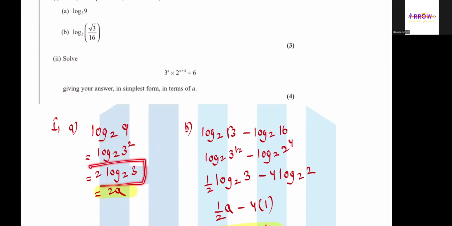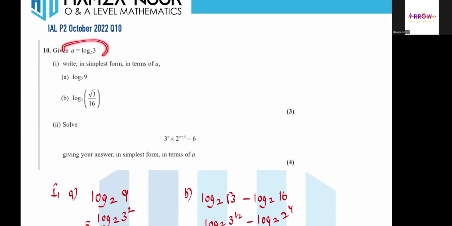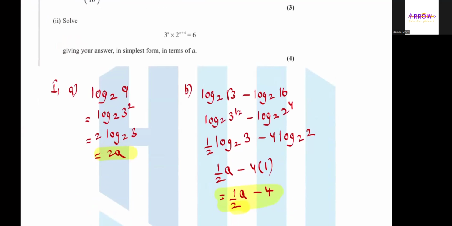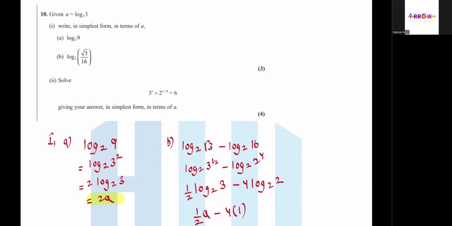So this means that 2 is multiplied by log with the base 2 argument 3. And in exactly this place, log with the base 2 argument 3, we can write a. So this means 2 times a. This is the requirement of part 1, a part.